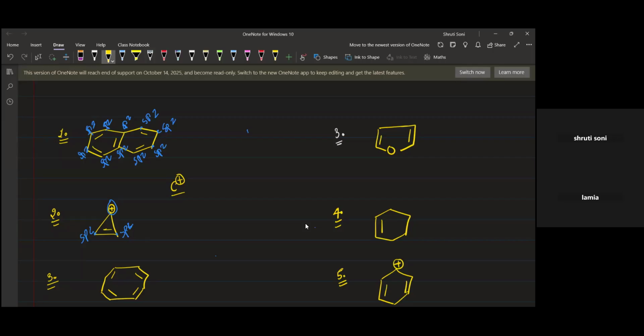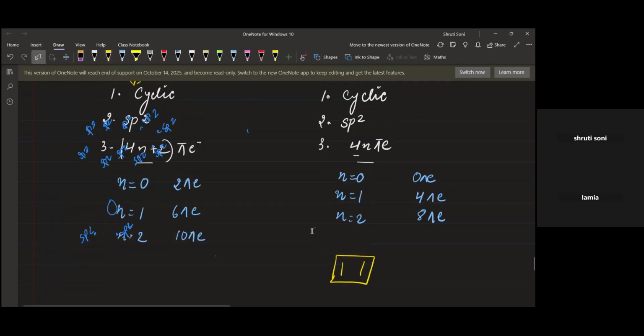Okay, so there are 6 examples in total. Tell me each one: whether the given compound is aromatic, anti-aromatic, or non-aromatic. Wait a second.